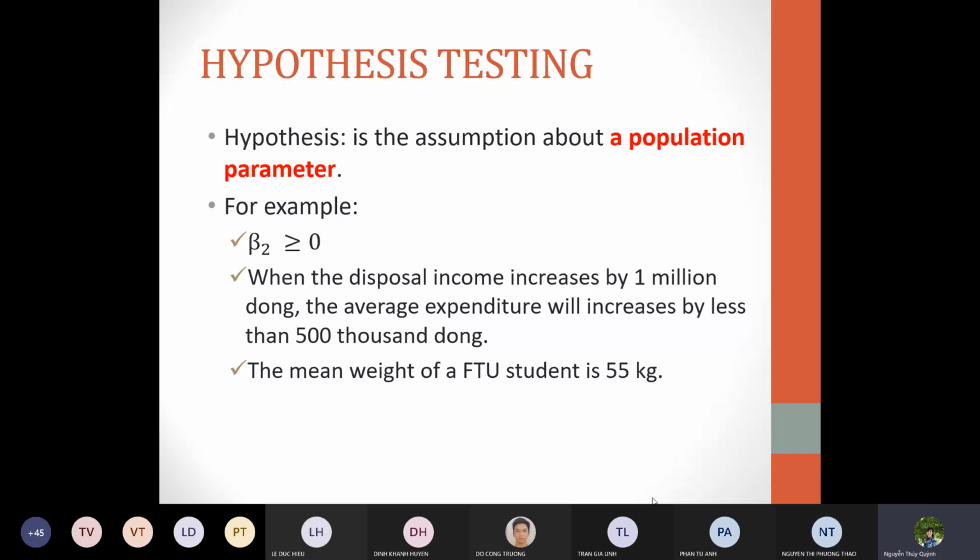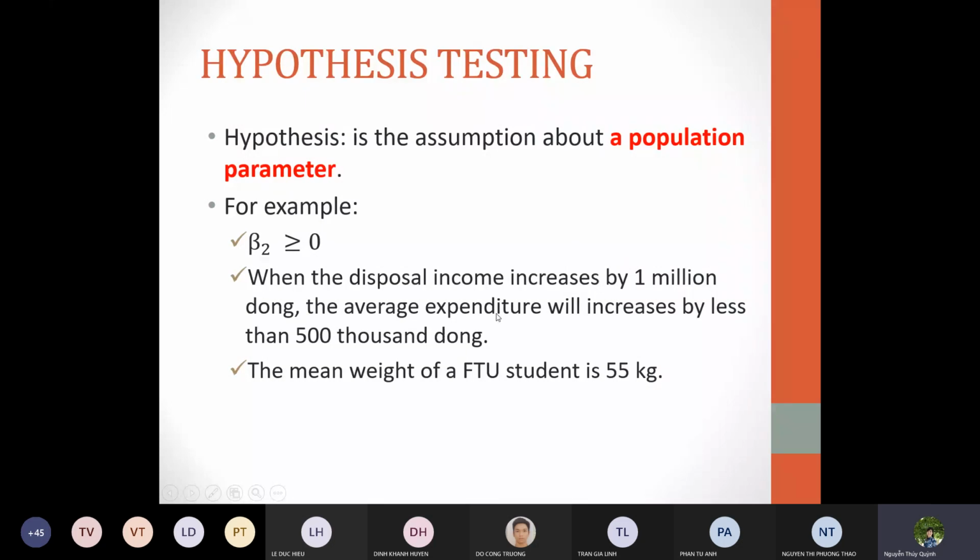We can believe that the mean weight of an FTU student is 55 kilograms, for example. Those are assumptions about population parameters. Remember that an assumption about population parameters can also be expressed as a relationship between the variables in the population.